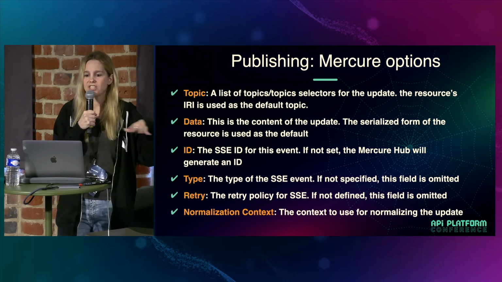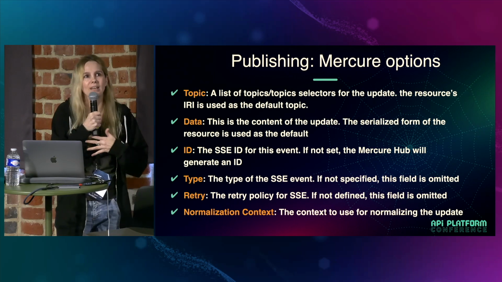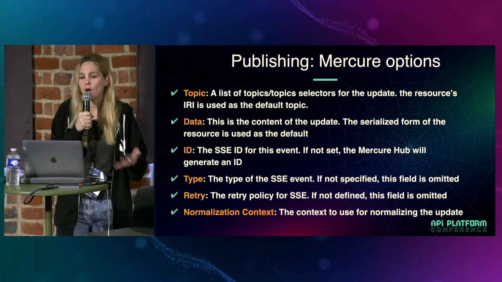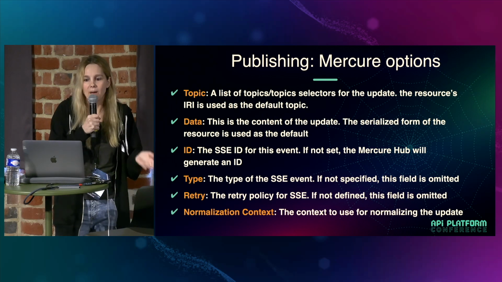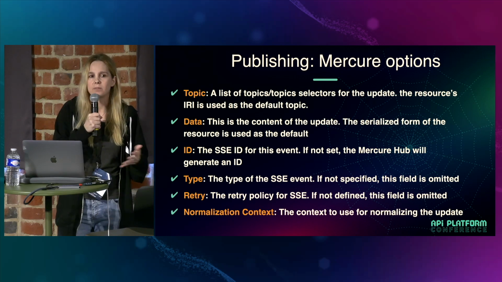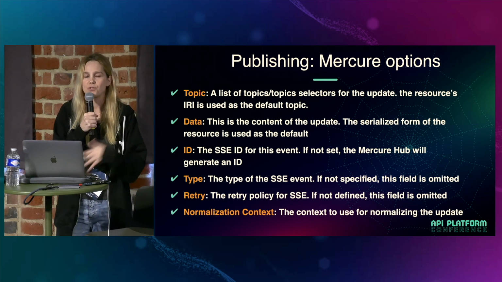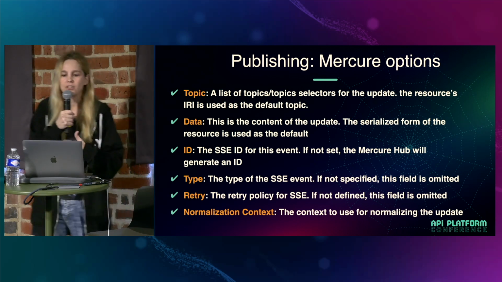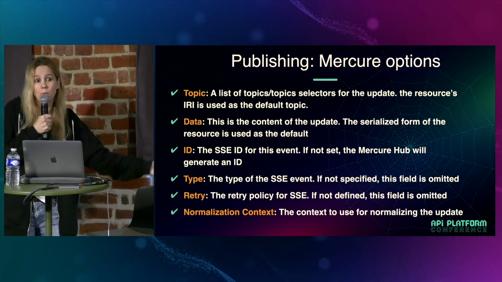On the publisher side, think of topics like labels or categories that define what the update is about. On the subscriber side, subscribers are going to use these topics to filter what they want to receive. So topics help connect the right updates to the right people.